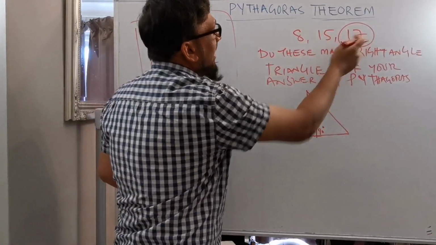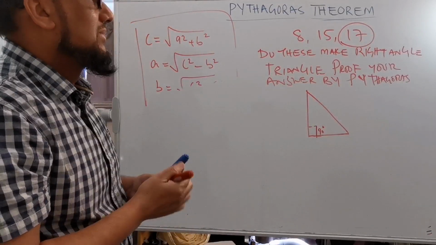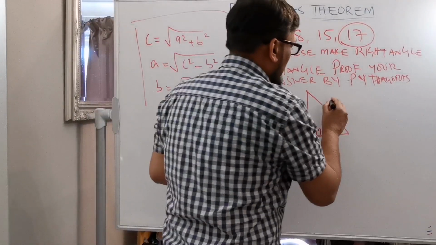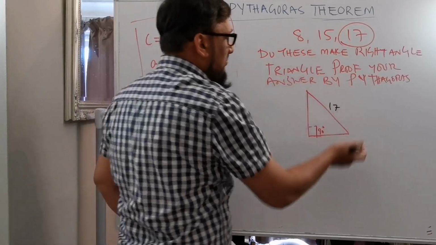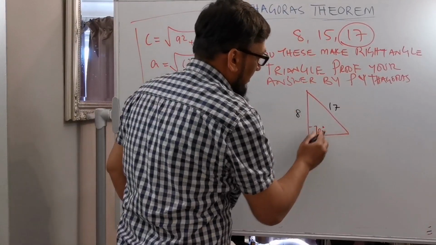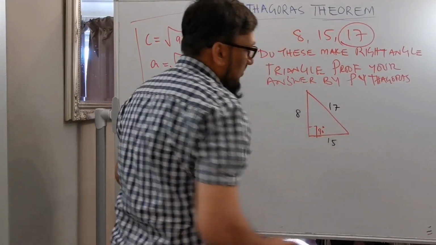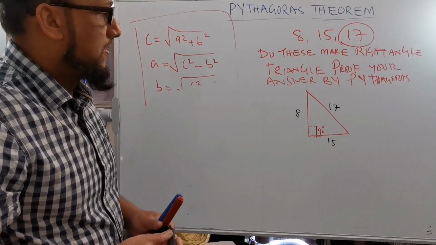As per the three values, the longest is definitely 17, so this is 17. And 8 and 15 you can put on either of the sides.